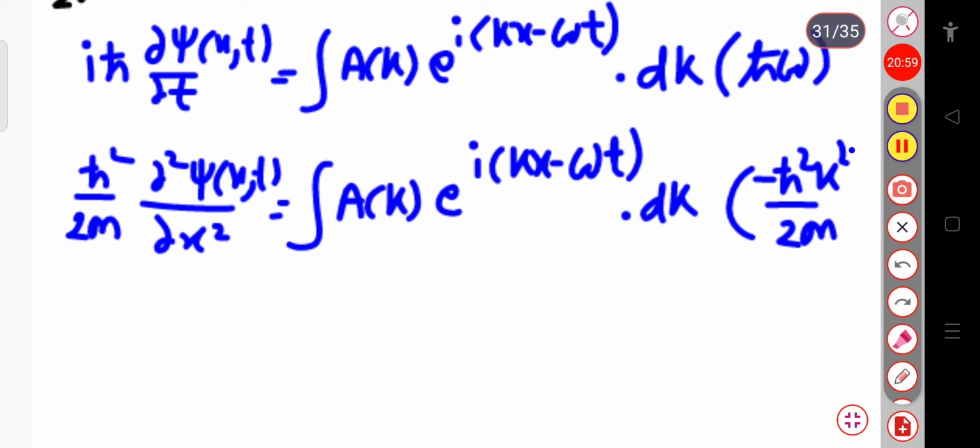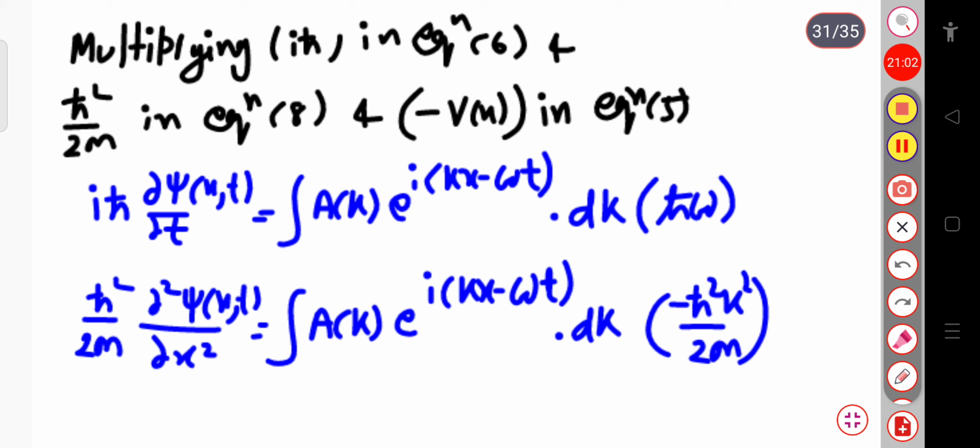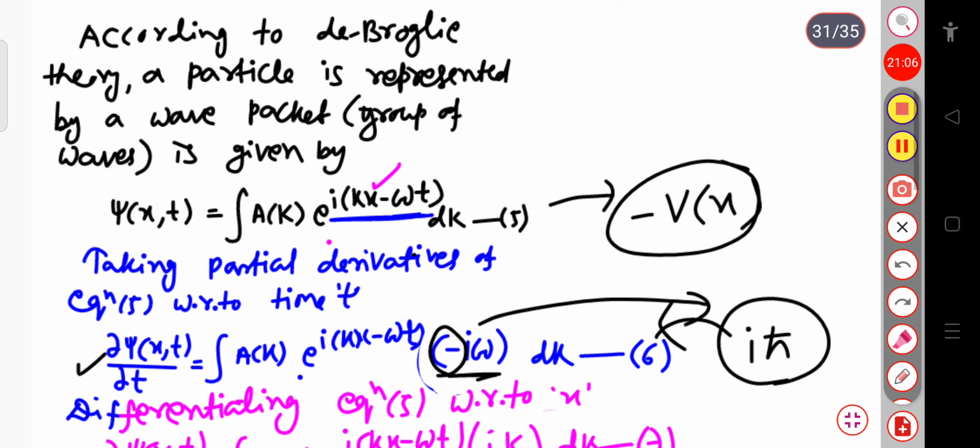And for the third one, we have to multiply minus V of x in equation 5. If I multiply minus V of x in equation 5, this will be minus Vψ, equal to the integration a(k) exp(i(kx − ωt)) dk into minus V of x.